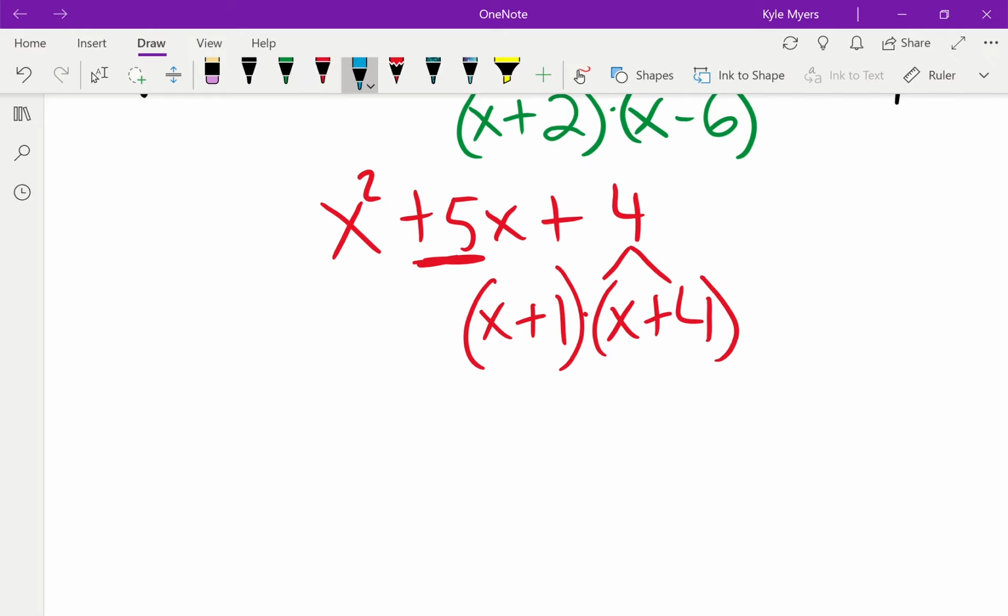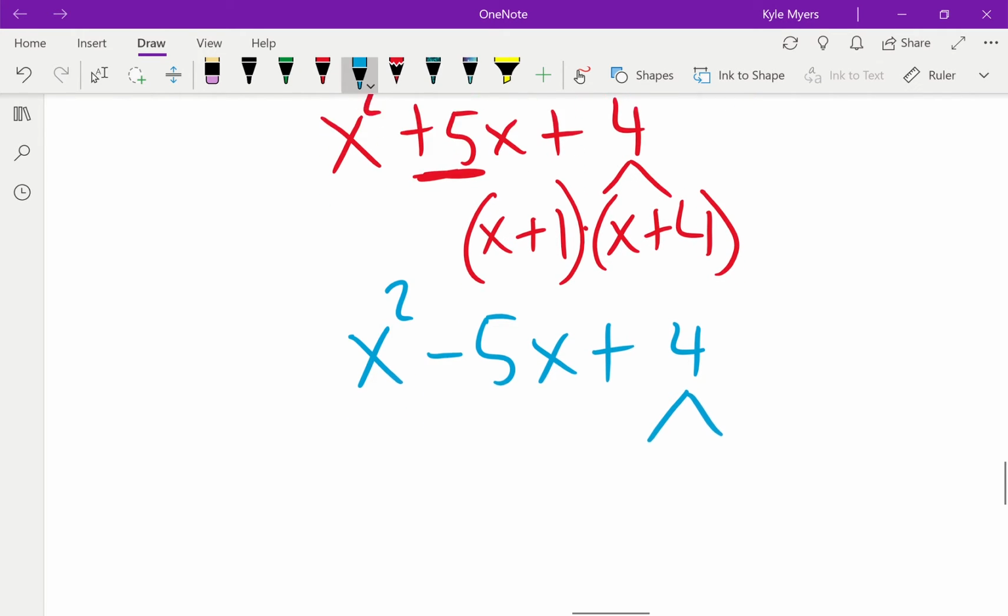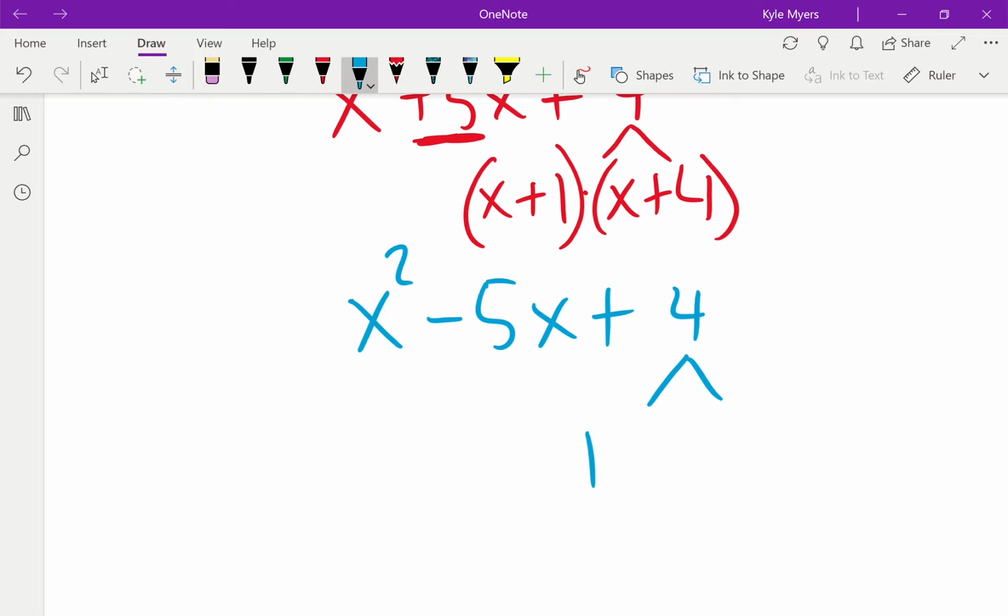So speaking of getting a positive 5 versus a negative 5, now let's get a negative 5. So you can probably imagine how this will go here. It's going to be exactly the same thing. 1 and 4 multiply and give me 4, but so do negative 1 and negative 4. Negative 1 times negative 4 is positive 4, so that works. And it also gives me negative 5 when I add, which is why it works.